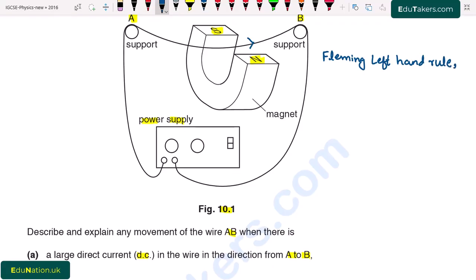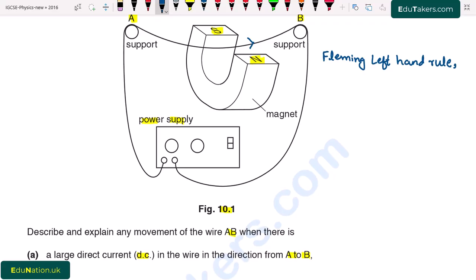According to Fleming left hand rule, if I consider my left hand and keep thumb, forefinger and middle finger mutually perpendicular to each other, then point my forefinger in the direction of magnetic field and middle finger in the direction of current. Then my thumb represents the direction of force.